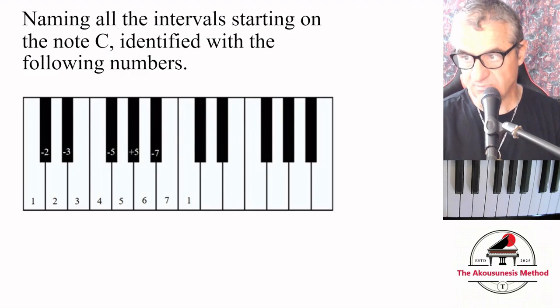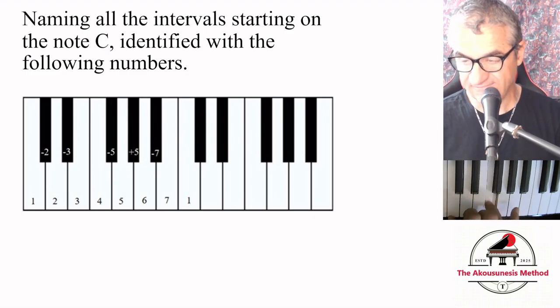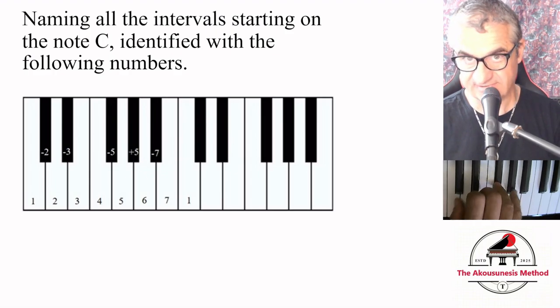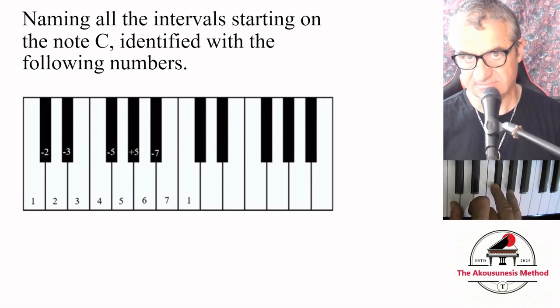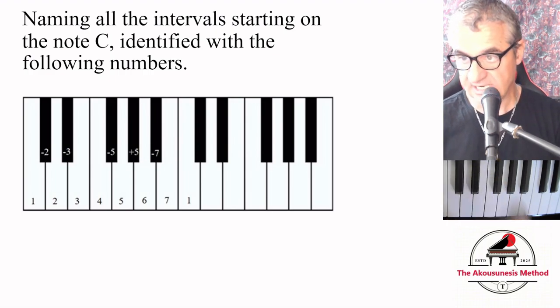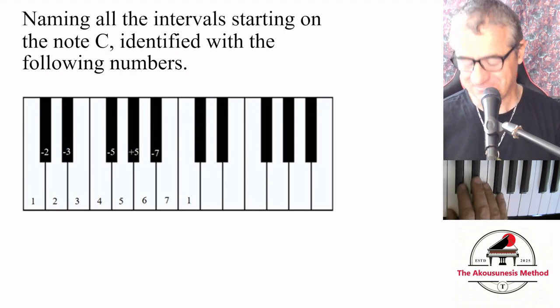And there's a reason we use -5 and +5, and we don't use, say, +4. Now, +4 happens to be -5, okay? But we won't ever say +4 in this system, right? And there's a reason for that too, as I'll let you know as we go on.